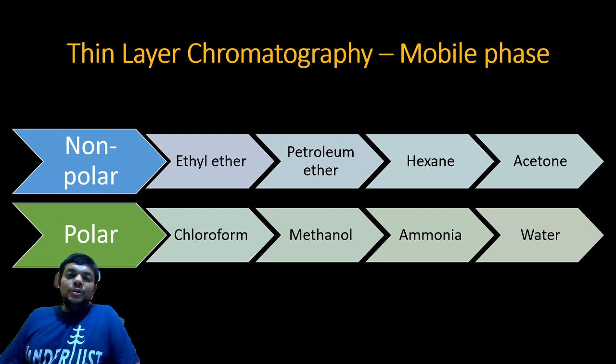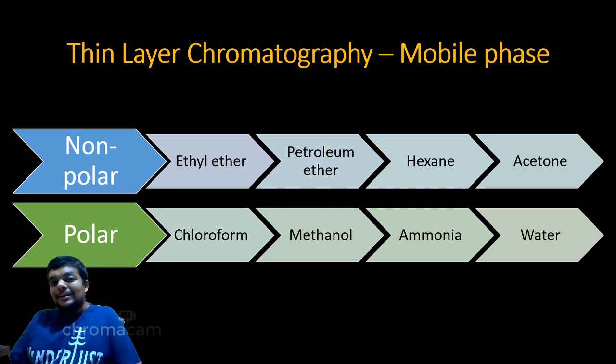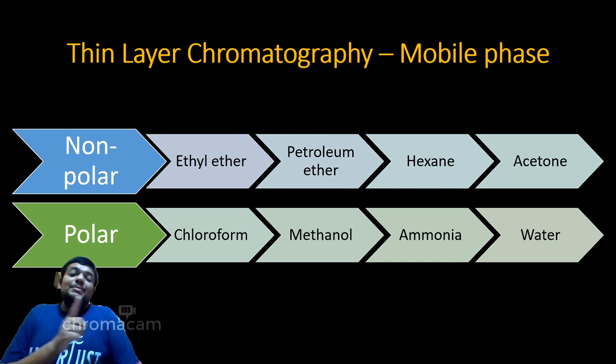Friends, don't think, sir, you are putting acetone in non-polar, but it can show a little polarity. This is not a rigid science that this is polar, this is non-polar. It is a comparative science: one is more non-polar, the second one is less non-polar. The less non-polar can be polar and the less polar can be non-polar.